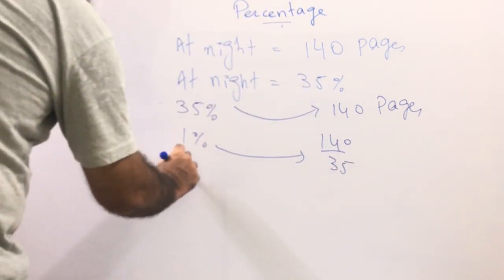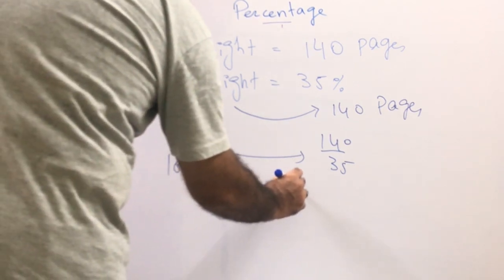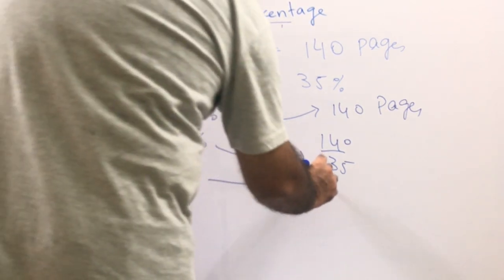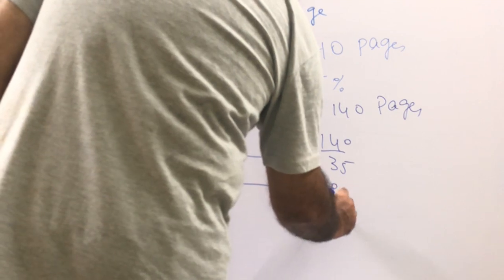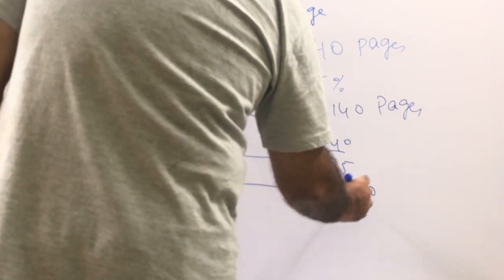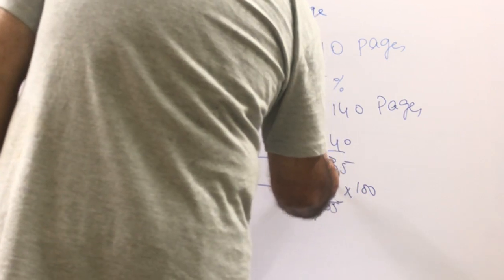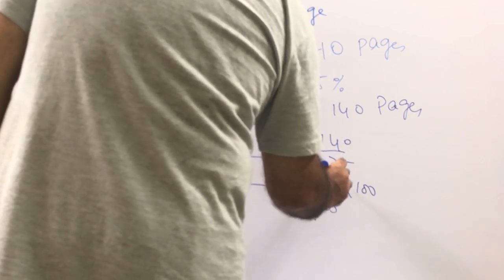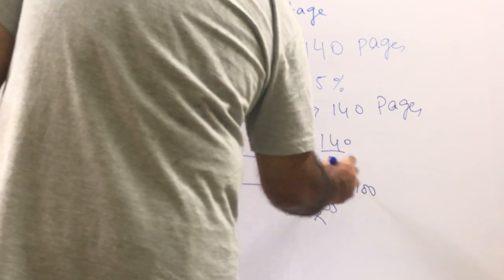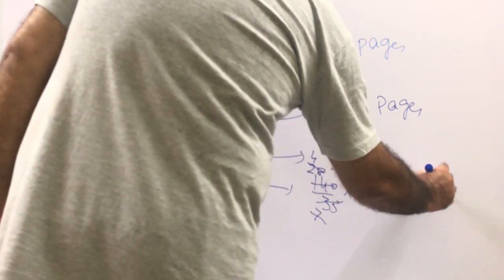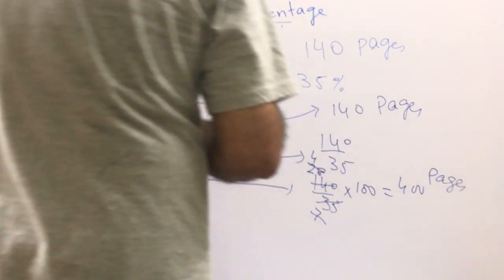We need to know the 100% pages, the total in the book, so we multiply this 1% by 100. Just simplify. 5 sevens are 35, 5 twos are 10, 5 eights are 40, 7 fours are 28, 4 into 100, 400 pages. So there are a total of 400 pages.